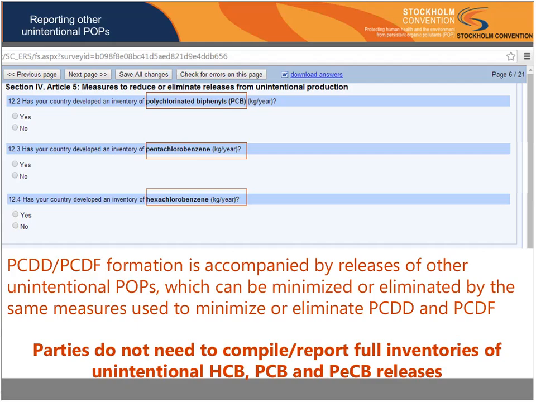They are considered to constitute a sufficient basis for identifying and prioritizing sources of all unintentionally produced POPs relevant to Annex C, and for evaluating the efficacy of any measures taken to minimize those releases.